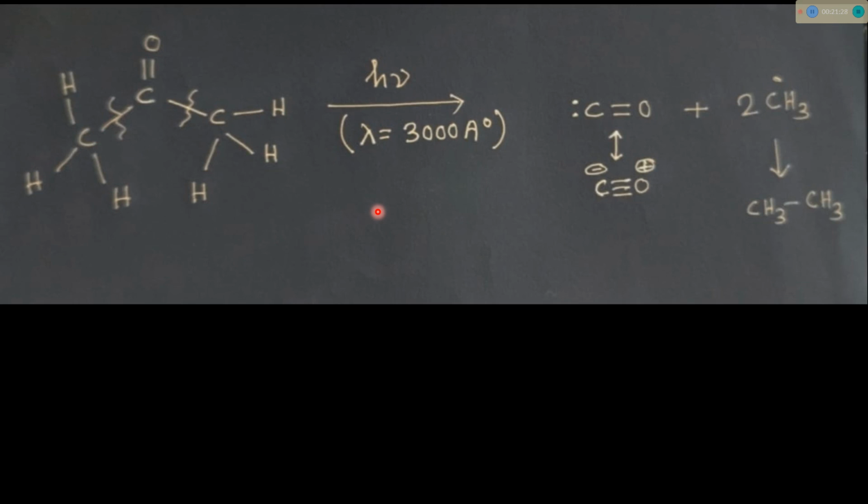But in this case, only two methyl radicals form, and they combine to form ethane, and carbon monoxide also evolves after photodecomposition of acetone.